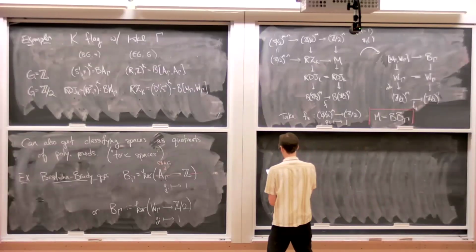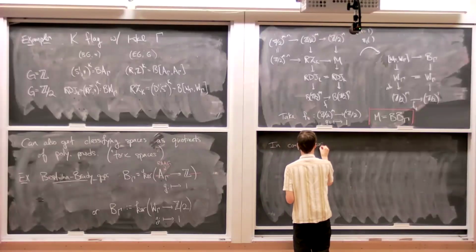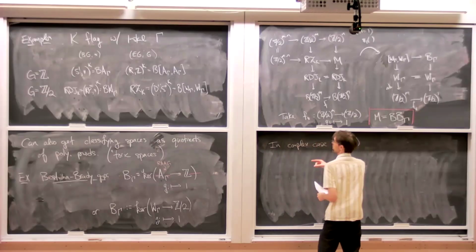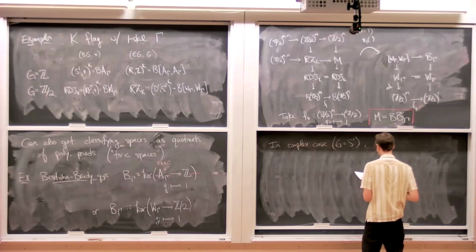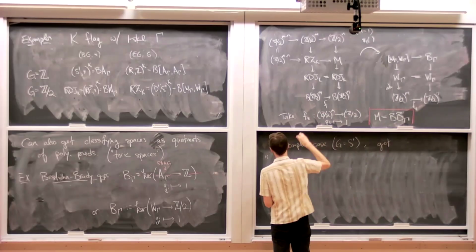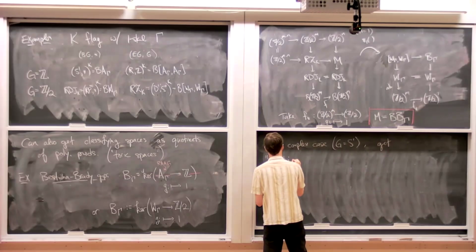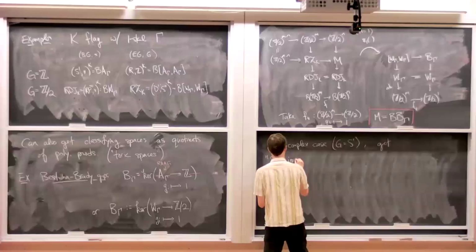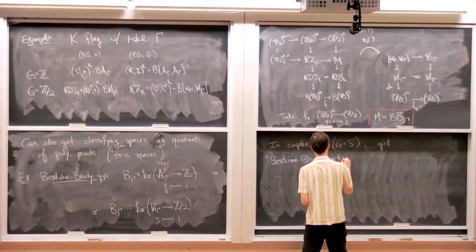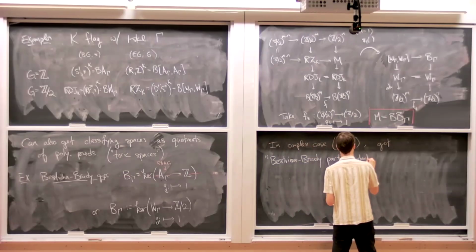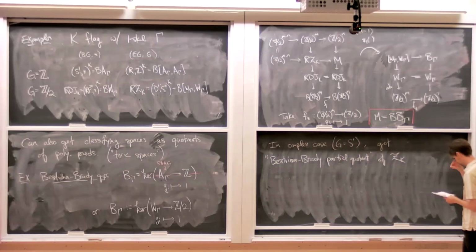Let me just say in the complex case, like G in that picture to be a circle, we get some sort of analogous toric space or quotient of an ordinary moment angle complex, which you might call a Bestvina-Brady partial quotient. Z_K, simply connected space.